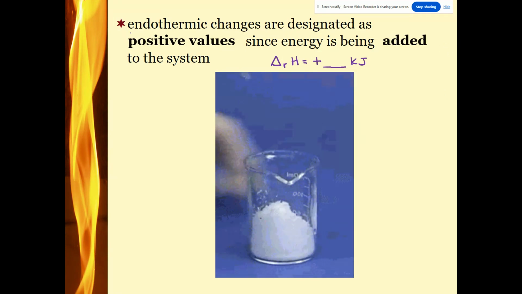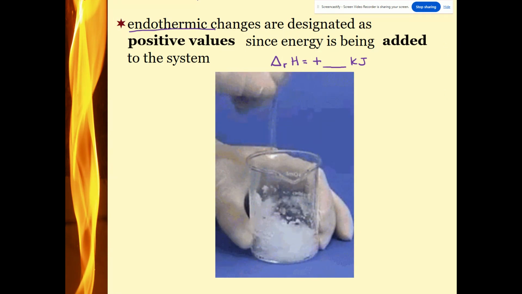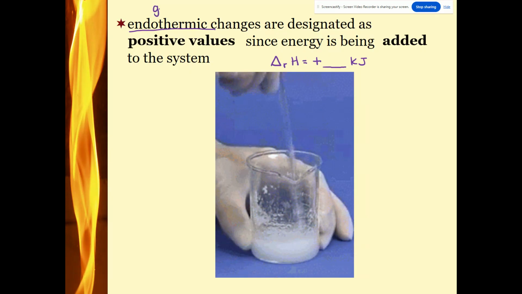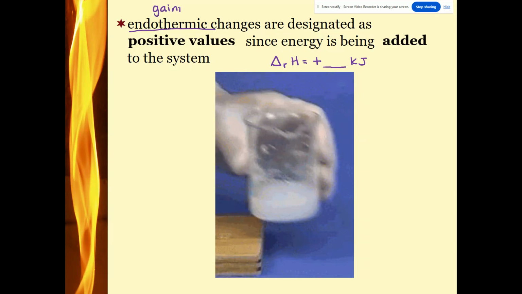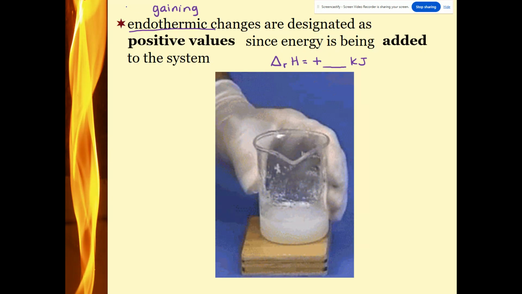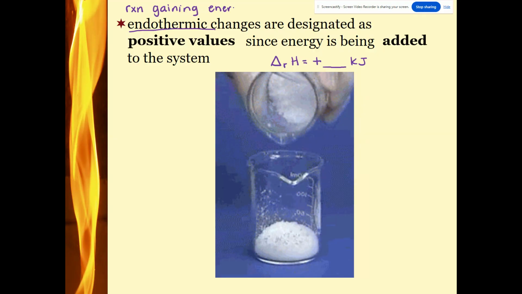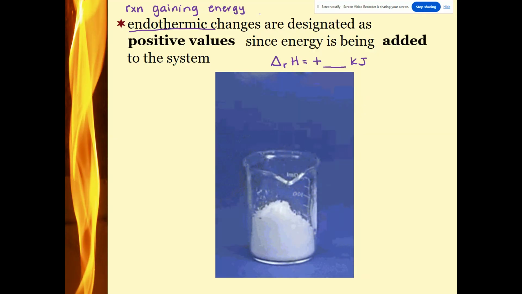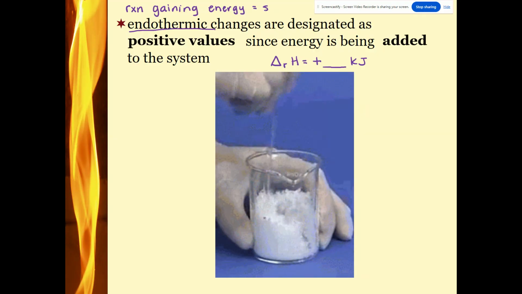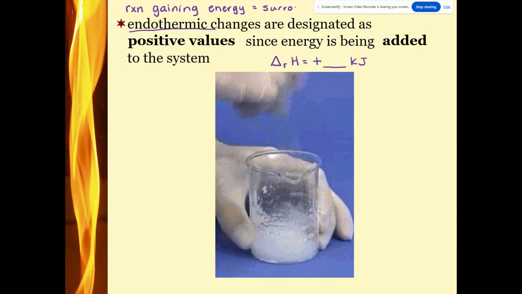So it's important to know that even though an endothermic reaction is gaining energy, the reaction itself, and for short, I write reaction as RXN. So even though the reaction is gaining energy, I guess I could put delta H, the surroundings are losing energy, okay?